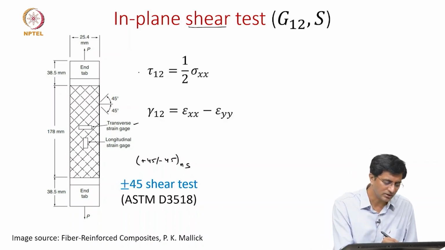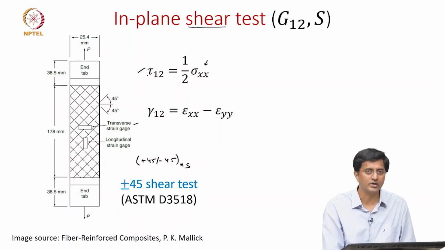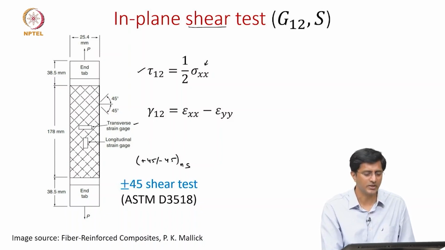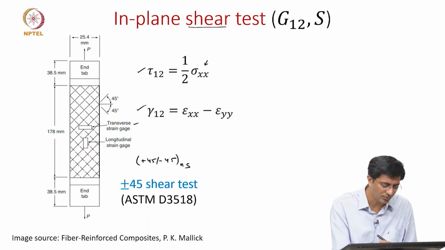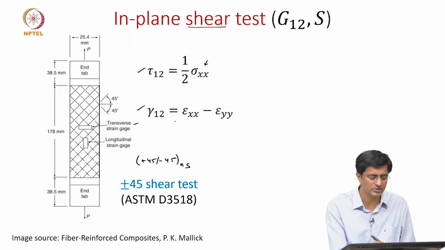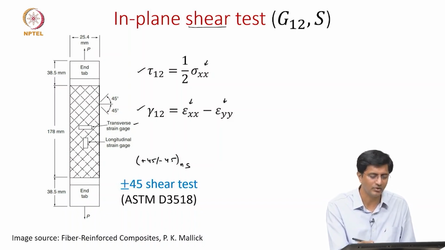So though we are applying a normal stress, one should be able to find out the shear stress because the orientation angles we have chosen are plus and minus 45. Similarly, for this specific laminate, we should be able to find the shear strain once we know the normal strains in the x direction and in the y direction.